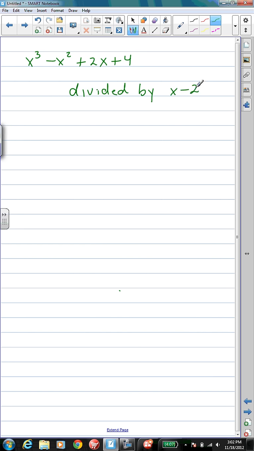Okay, so if I look at my degrees, I have 3, 2, 1, 0. No placeholders are necessary. So right away I'm going to put down my coefficients. I'll have 1, negative 1, 2, 4. I need the opposite of a minus 2, so I'm going to use a plus 2.